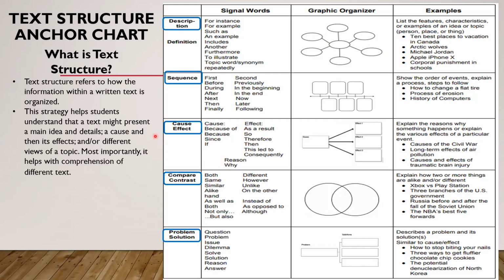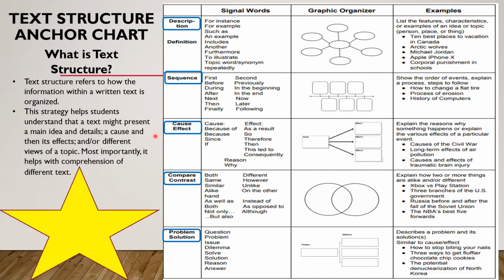So our overall goal this year is a word called comprehension. Text structure using these graphic organizers will help us with our comprehension.